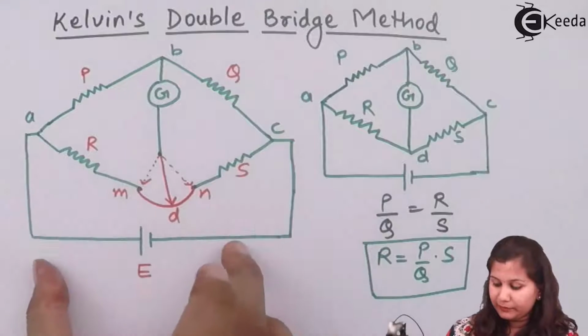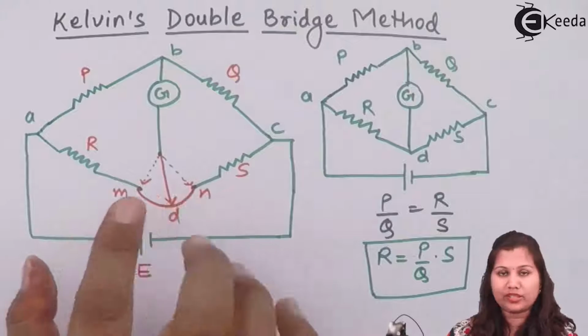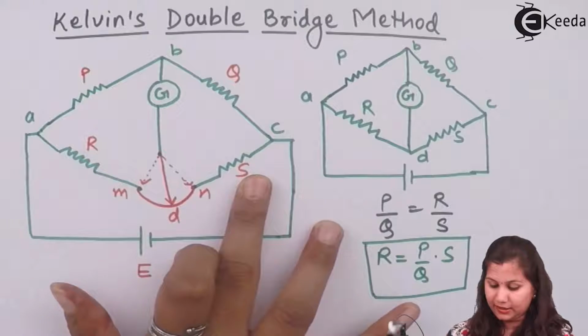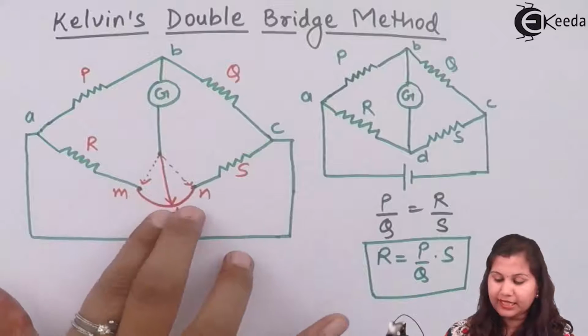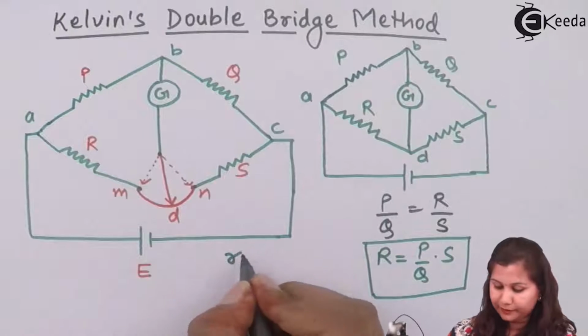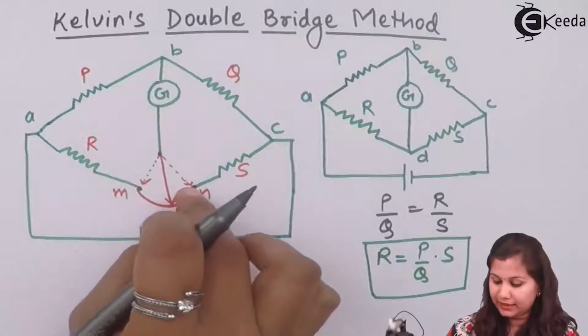Now in this Kelvin bridge, we have a connecting lead which connects the unknown resistance R to the standard resistance. Let us suppose this connecting lead has a resistance value of small r.